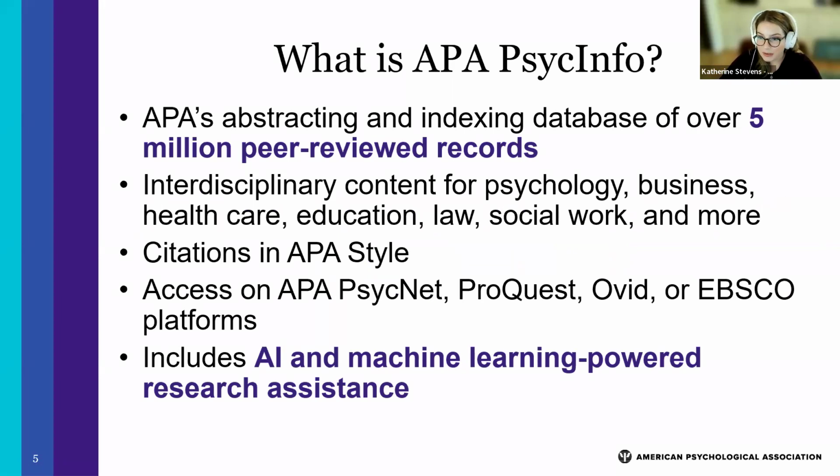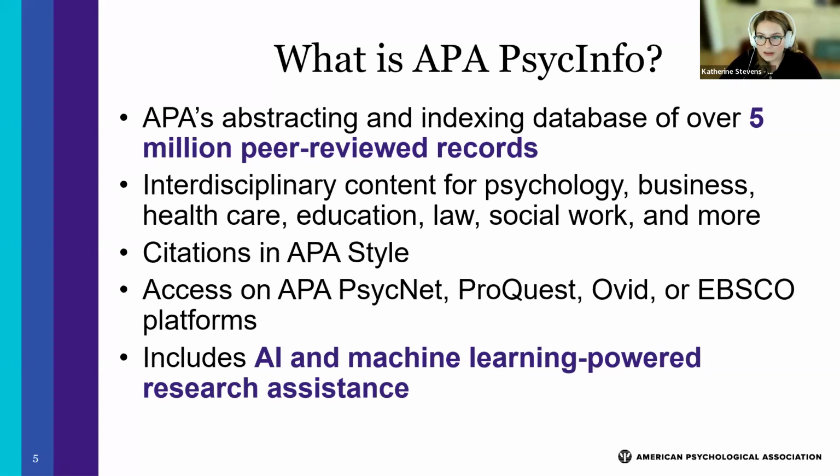It contains interdisciplinary content for psychology, business, healthcare, education, law, social work, and so much more. Citations are already formatted in APA style, and you have access to APA PsycInfo on our own platform, APA PsycNet, or through a vendor platform such as ProQuest, Ovid, or EBSCO.